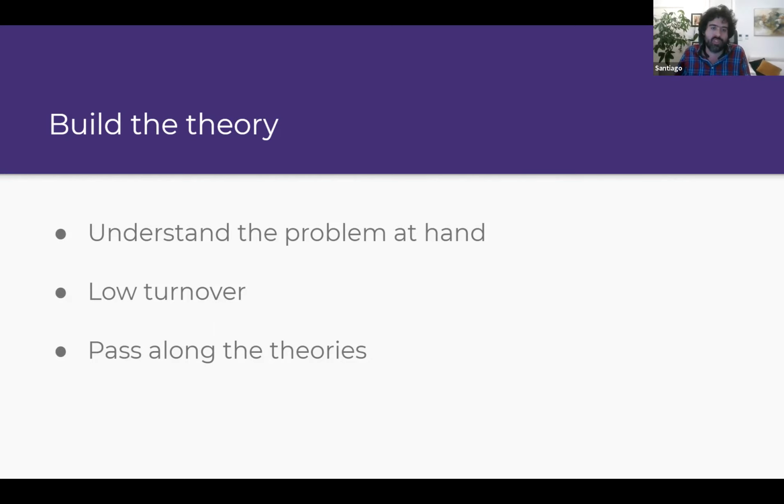This theory you must preserve. So you should manage to have a low turnover and effectively get the programmers to pass along the theories to newcomers, so the program is correctly modified each time. This is very easily said, but it's very difficult to achieve.